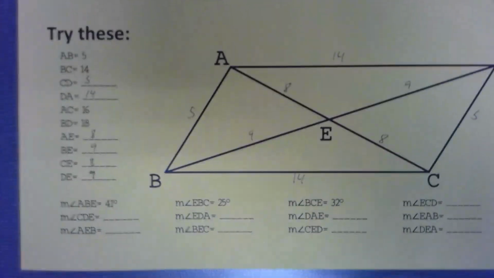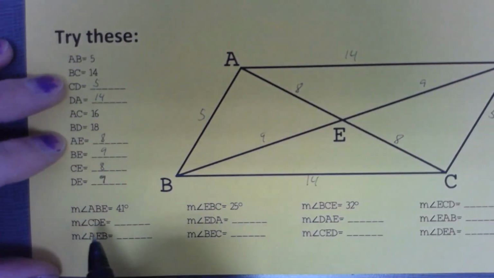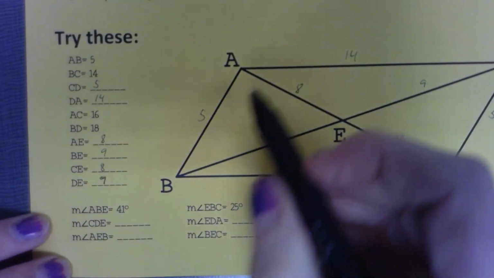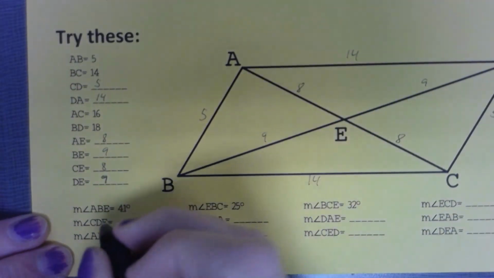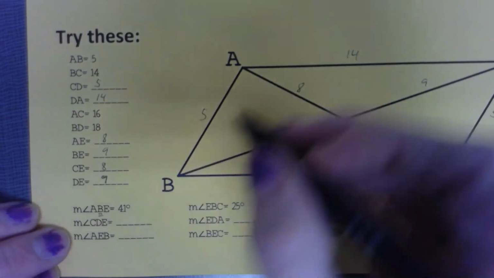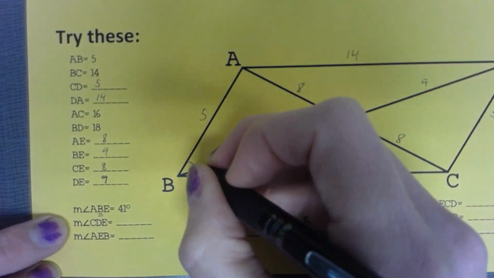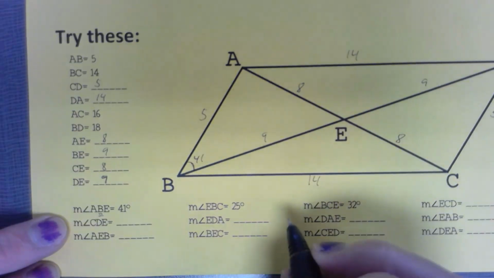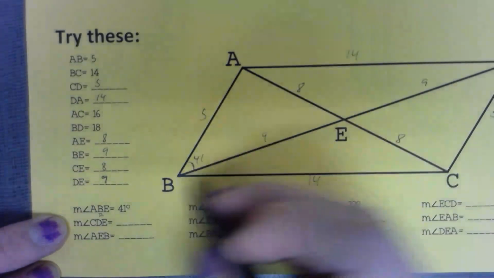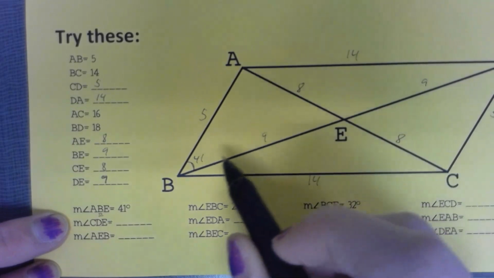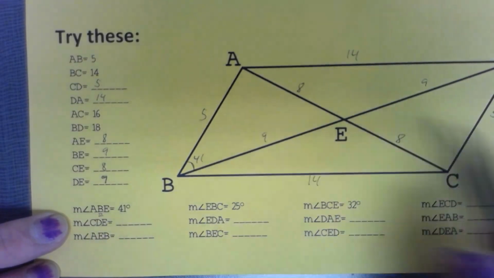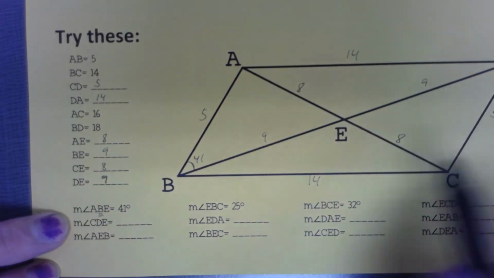What we can say about the angles. ABE is 41. Remember when we name an angle, we name the middle letter as the vertex. So angle ABE, this angle here, is 41. We can actually use some properties of parallel lines to find some other angles.